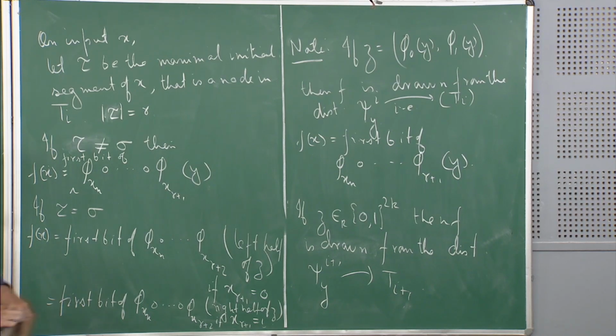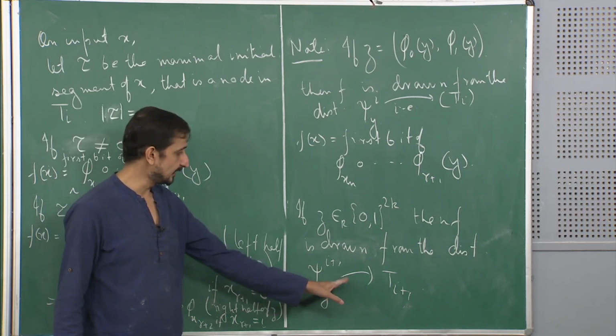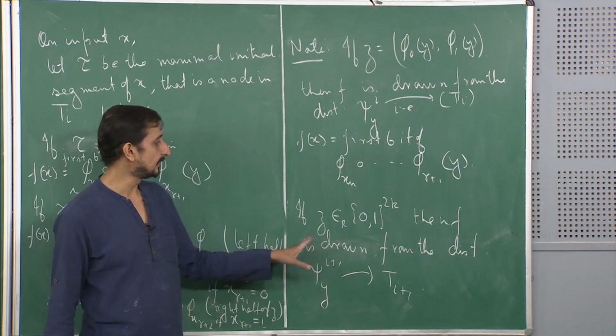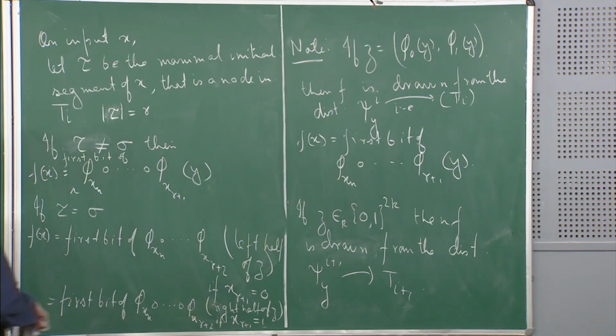So our assumption is that there is an algorithm which is able to distinguish between these two distributions.